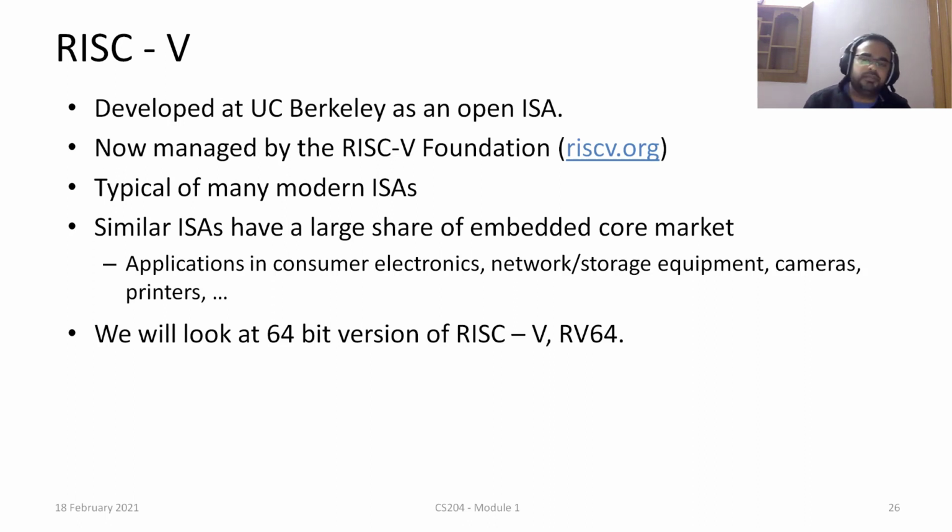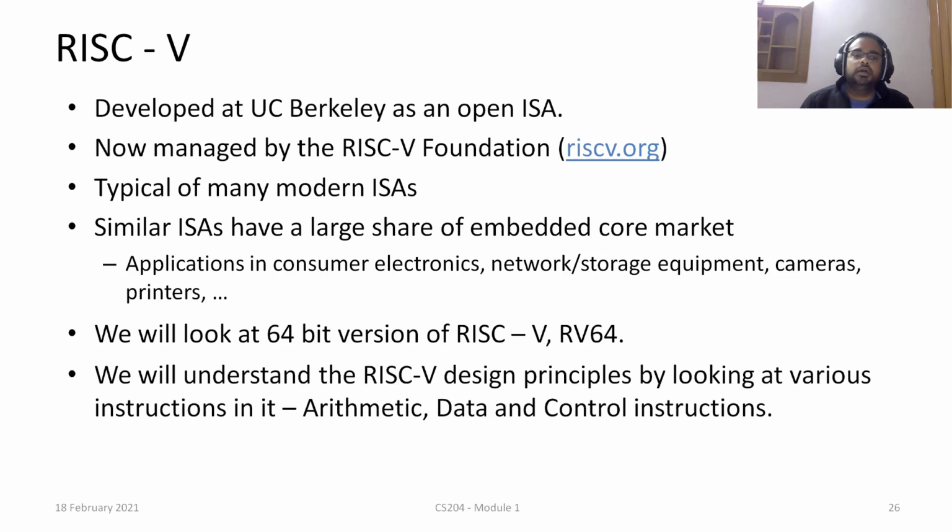So just to give a complete picture, I'm going to touch upon both. So in the process of understanding what ISA means, we took RISC-V as an example, and we will understand how RISC-V was designed by looking at various types of instructions that are part of it.